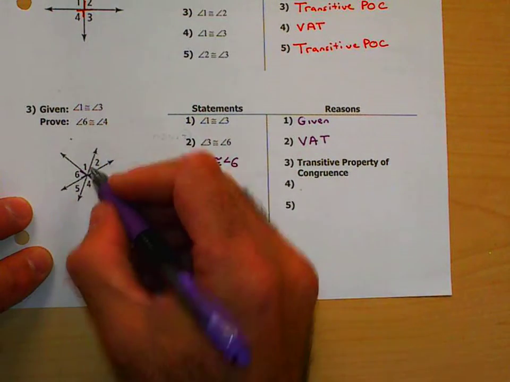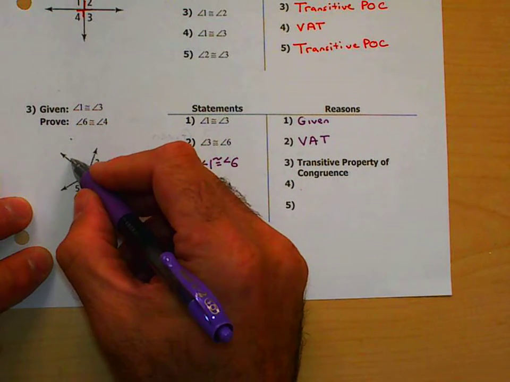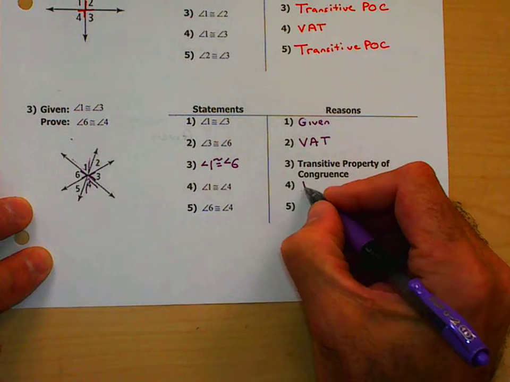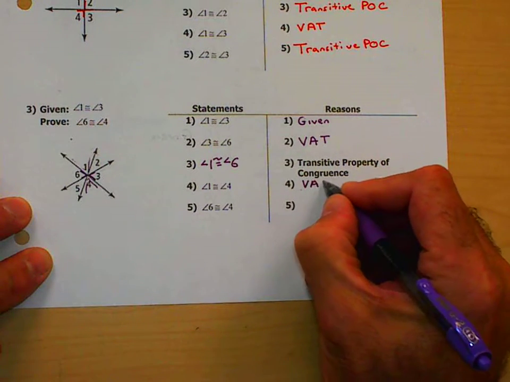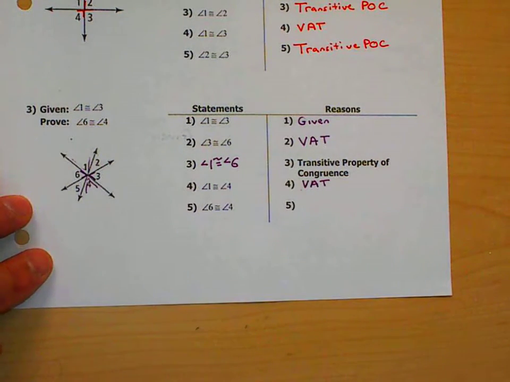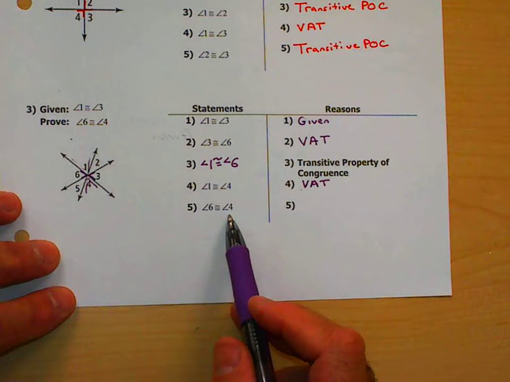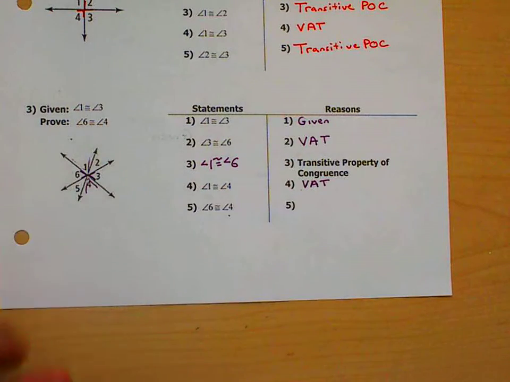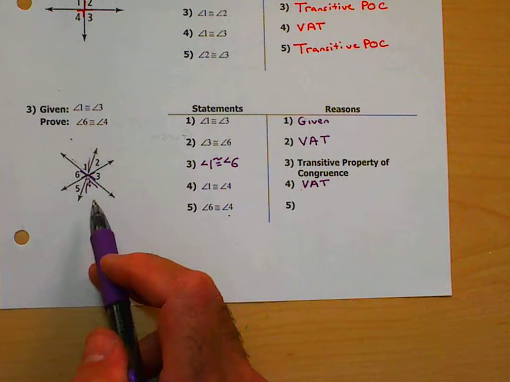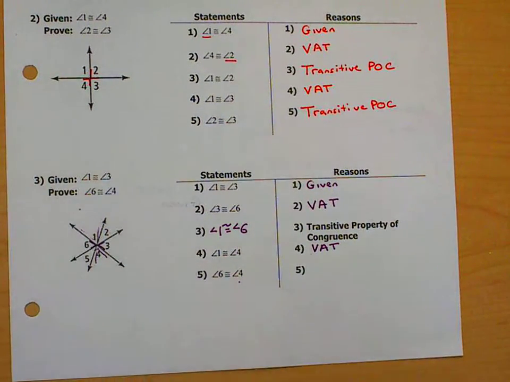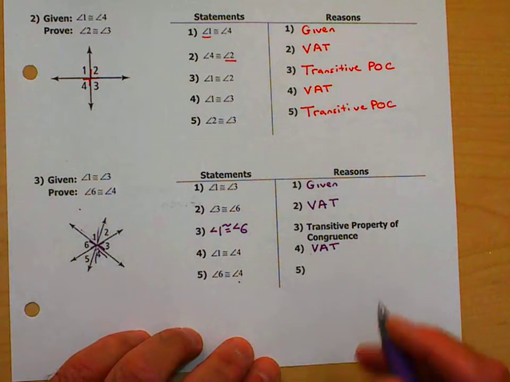1 and 4, we have another pair of vertical angles. So vertical angle theorem tells us that those two are congruent. And now these last two steps give me 6 congruent to 4. This picture looks a lot different than number 2, but actually the last steps here, in fact all the steps, are very much the exact same.